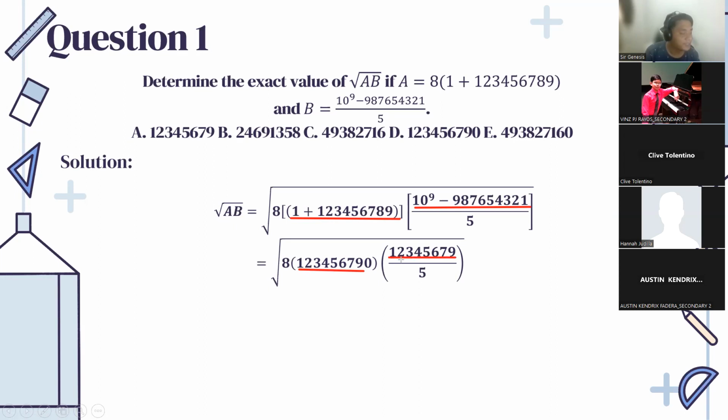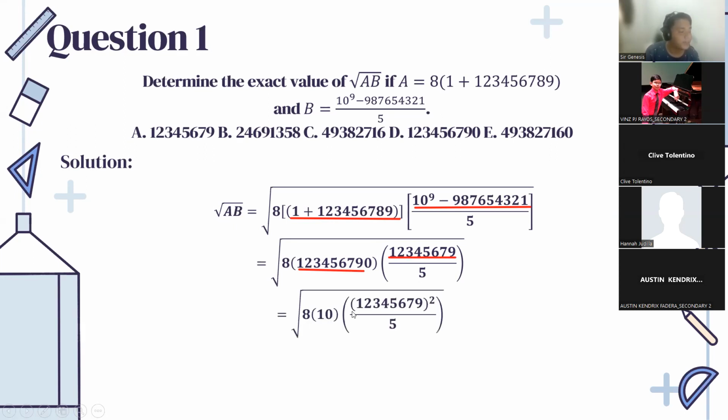Now if you'll notice, these two actually have the same 8 digits, with the first one having 0. So we can just factor out 10 here in order to get 1, 2, 3, 4, 5, 6, 7, 9.